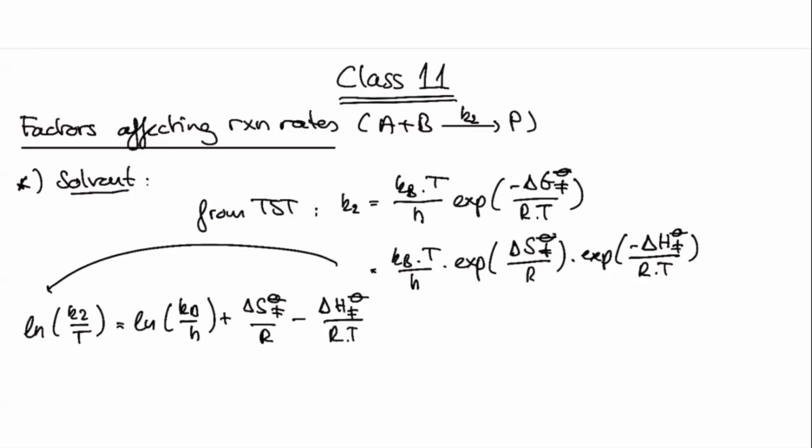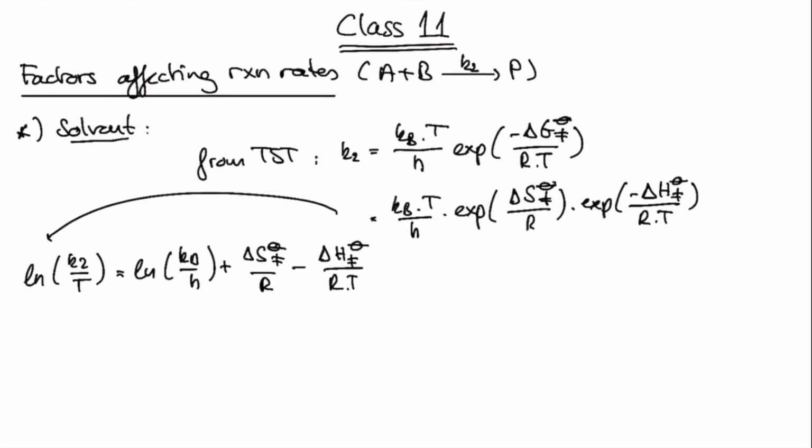So now if we look at this equation, we can try to see what are constants. So Boltzmann is a constant, Planck is a constant, delta S doesn't have a dependence on temperature, the gas constant neither, delta H neither. So we basically have a lot of constants.